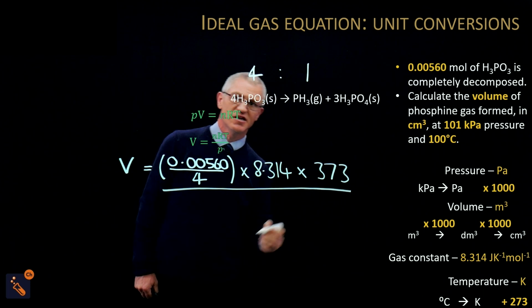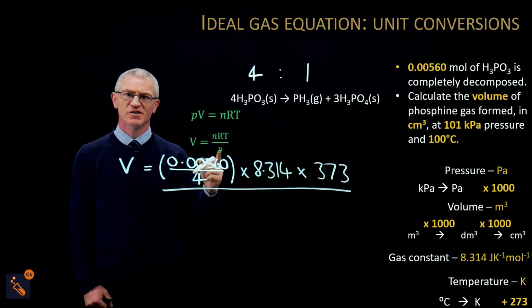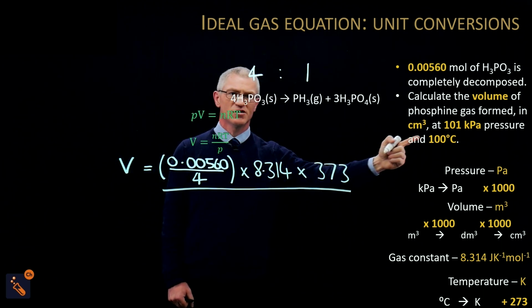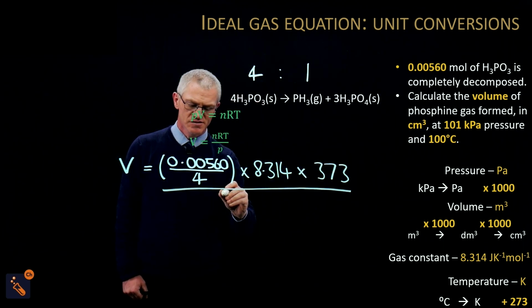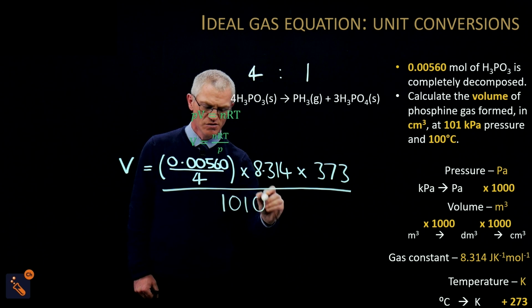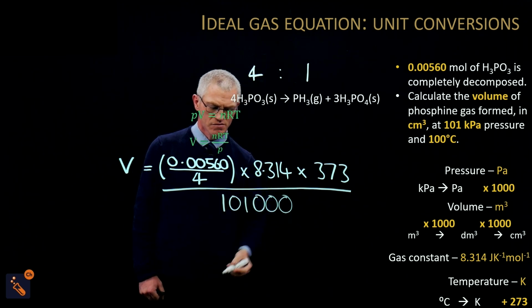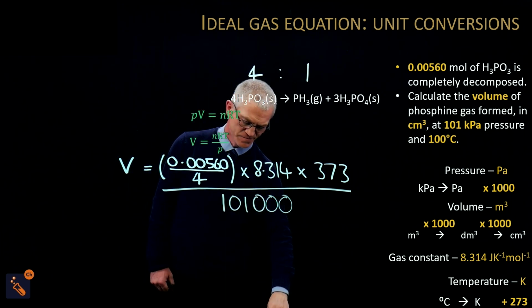We then divide that all by P. Now P is 101 kilopascals, so we need to times that by 1,000. That'll be 101,000, and that is in pascals.